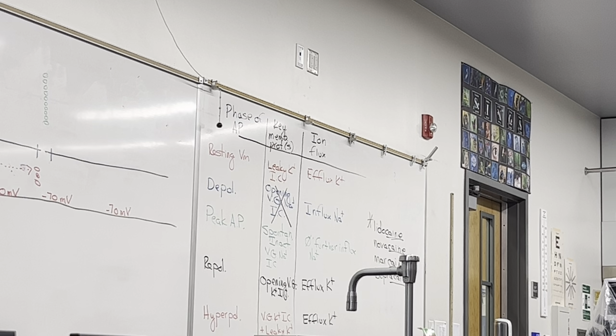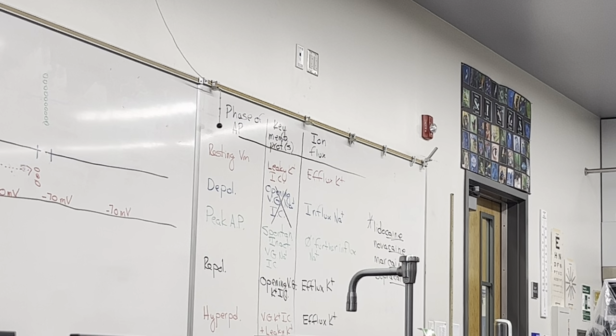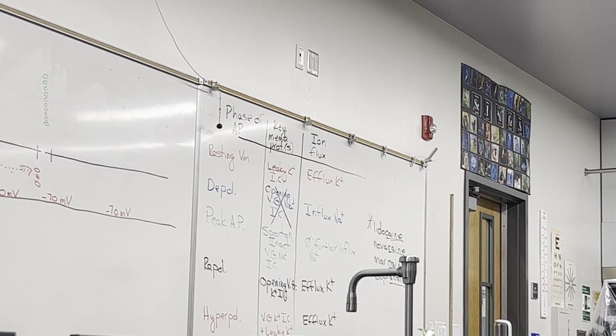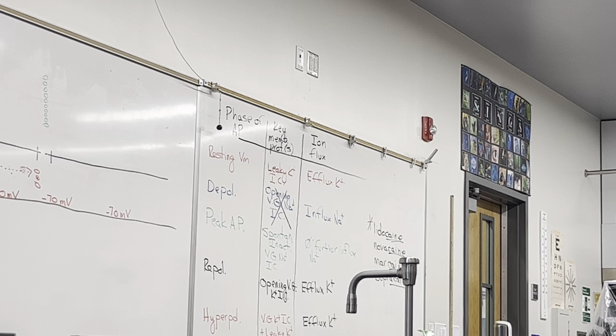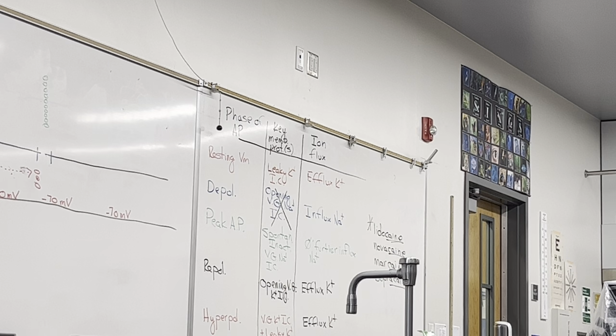So if there's an area that doesn't have a high density of sodium channels, then it would slow down or stop, right? Okay, so you're saying it's going to be slow? Ish, I guess. Okay, so I got two fast, one slow. This is a good question. We've got two fast, one slow, and a question.